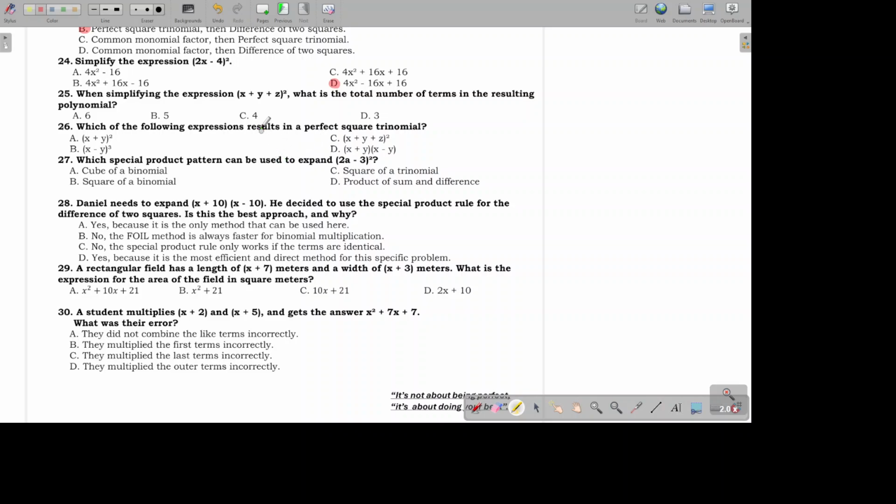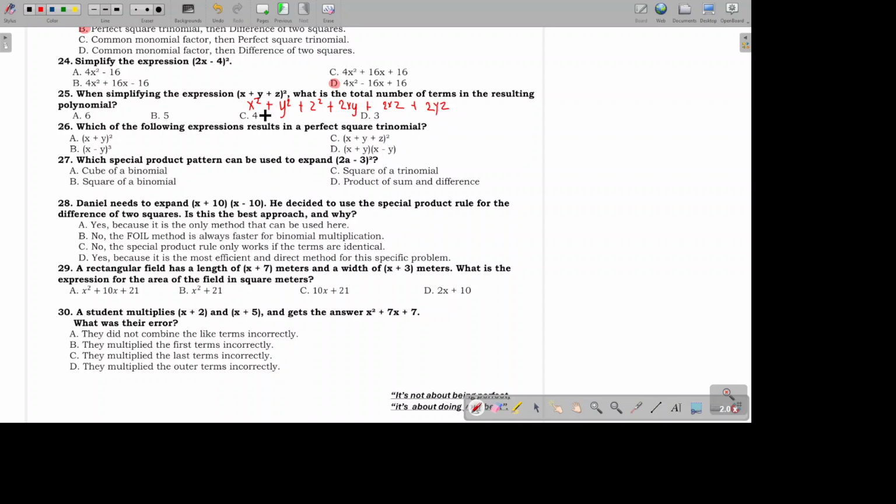When we square a trinomial, it takes the form: the square of the first term, plus the square of the second term, plus the square of the third term, plus, pairing na tayo, twice the product of the first and the second, plus twice the product of the first and the third, plus twice the product of the second and the third.